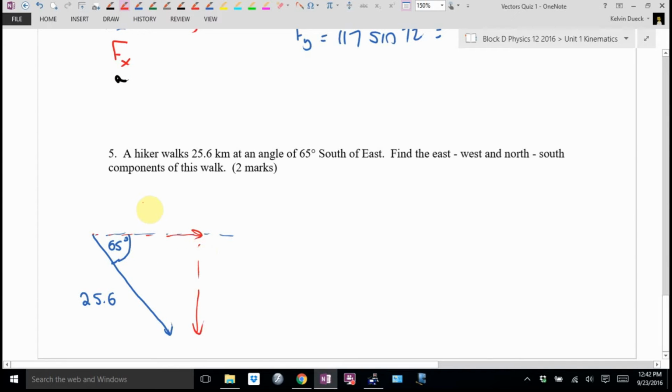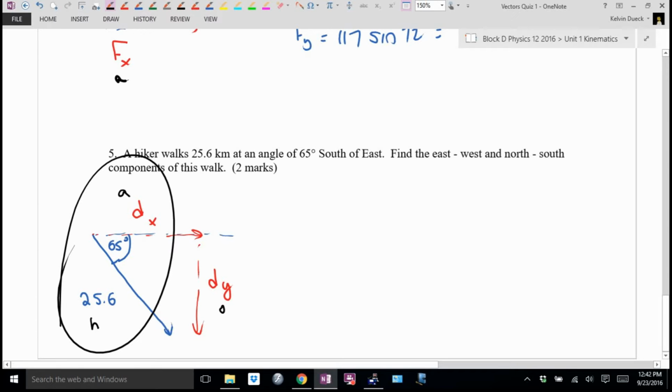Here is, I guess it's a distance. I'll call it dx and dy. Hypotenuse, adjacent, opposite. Which trig function?